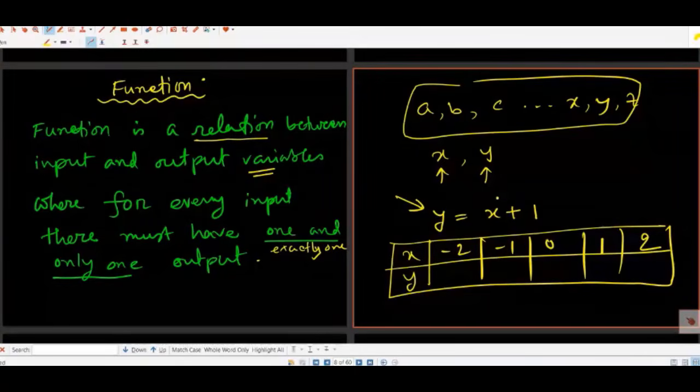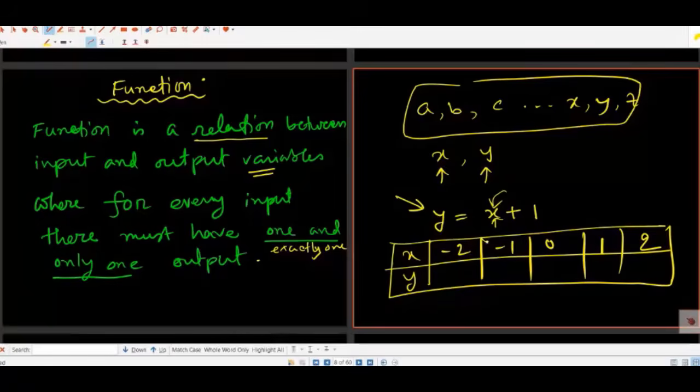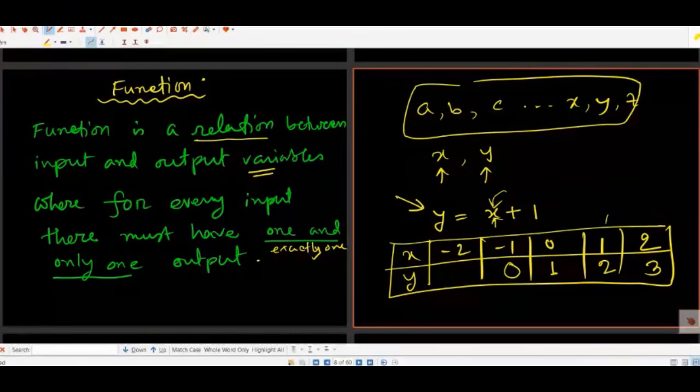So wherever we have X, let's input the values of X. So if we input 0 in the place of X, so 0 plus 1, we are getting 1. If we input 1, so 1 plus 1, that is 2. If we input 2, so 2 plus 1, that is 3. If we input -1, so -1 plus 1, that is 0. If we input -2, so -2 plus 1 is -1.